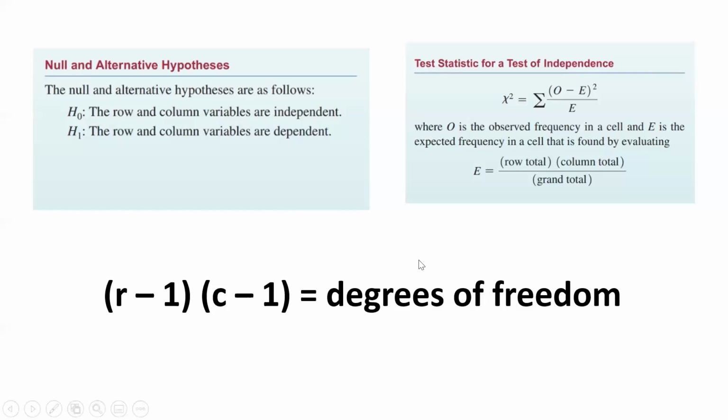Now, I kind of jumped forward, right? But we wanted to make sure, how do we calculate the expected value? The way that we calculate the expected value, which is a little different, is you need to multiply the row total times the column total, and then we're going to divide that by the grand total.